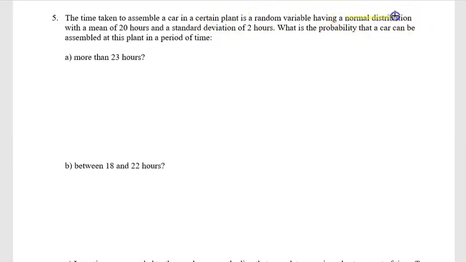So first of all, to know that it's a normal distribution, right? Then we need to know what the mean is, and we need to know what the standard deviation is, okay? And then we're looking at, well, what are we trying to find, right? We're trying to find what's the probability it would take them more than 23 hours to complete this car.